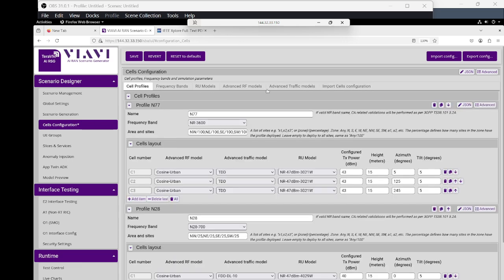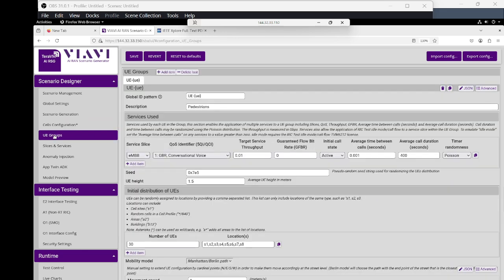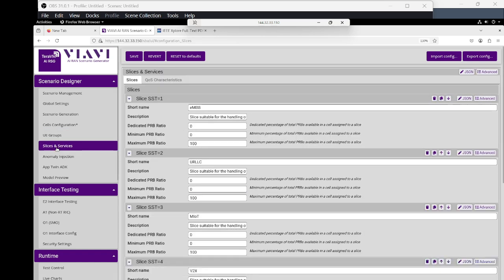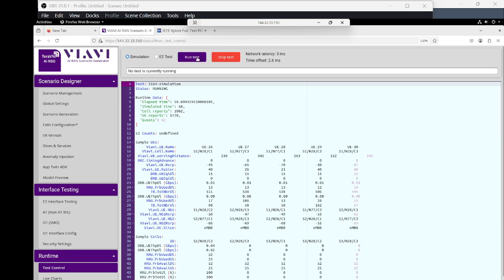And it's in the MIMO mode, and also this is the user group. As we can see, the slice that has been used is eMBB, and the number of users is 30. And now we are going to run the simulation.